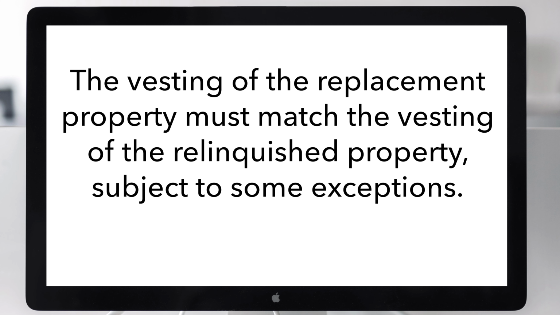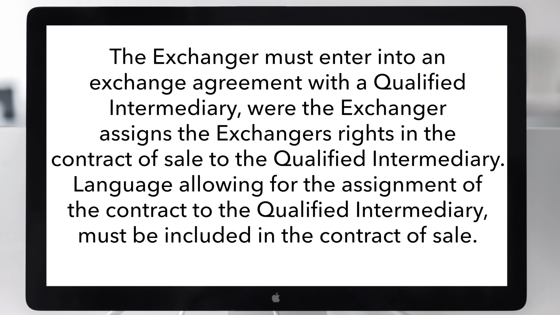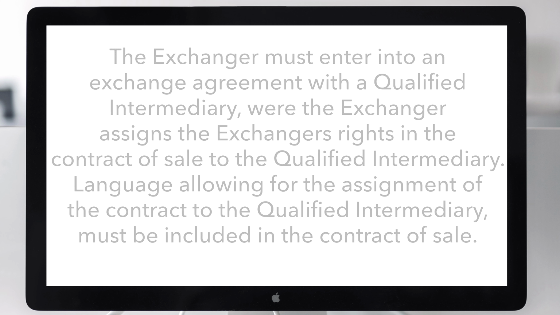The vesting of the replacement property must match the vesting of the relinquished property, subject to some exceptions. The exchanger must enter into an exchange agreement with a qualified intermediary where the exchanger assigns the exchanger's rights in the contract of sale to the qualified intermediary. Language allowing for the assignment of the contract to the qualified intermediary must be included in the contract of sale.